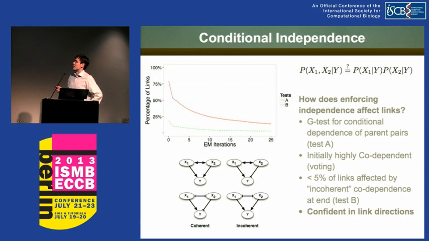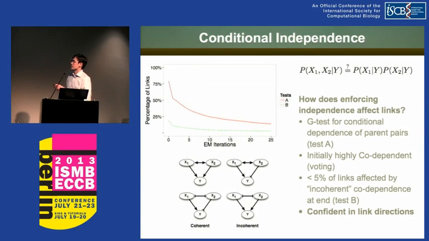This plot shows the number of links where the parents are conditionally dependent. It starts out really high, but as we learn, our independence assumption becomes more and more valid.